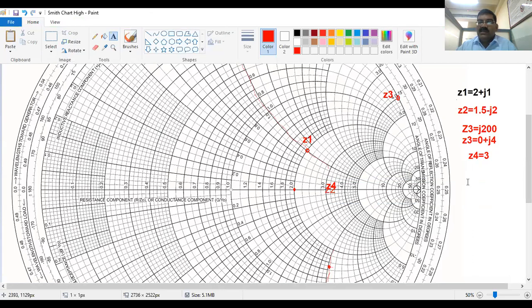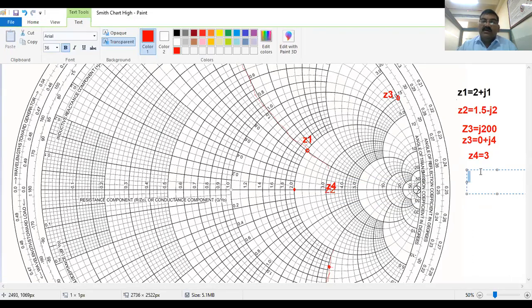Now I'll go for the Z5. Now let me know what is the Z5. What I'll take, capital Z5 equals to open circuit. So if I take the open circuit, what will be the value for the open circuit? Actually, what is the impedance value of open circuit?